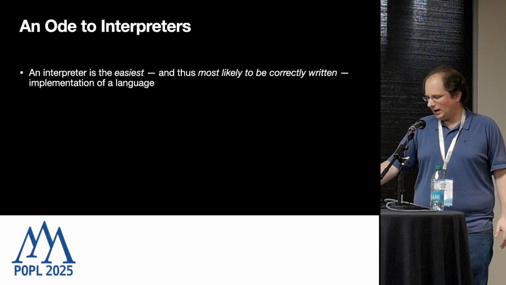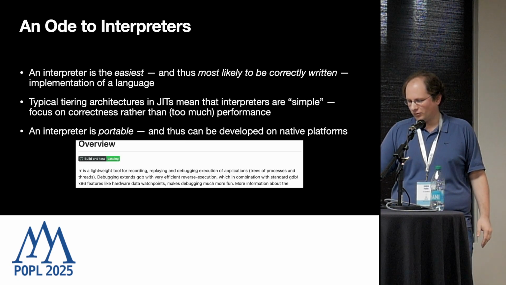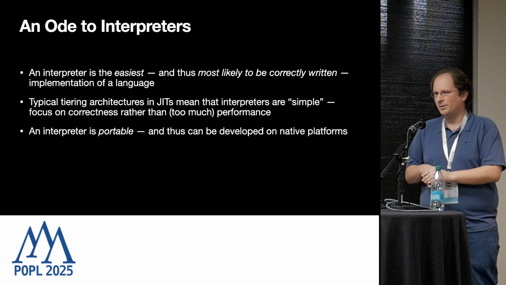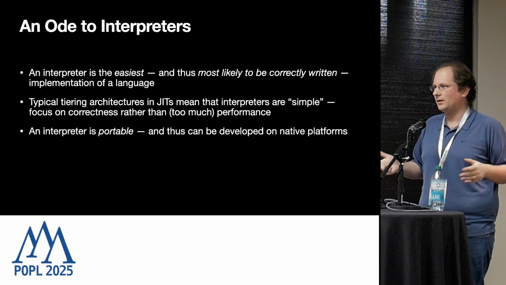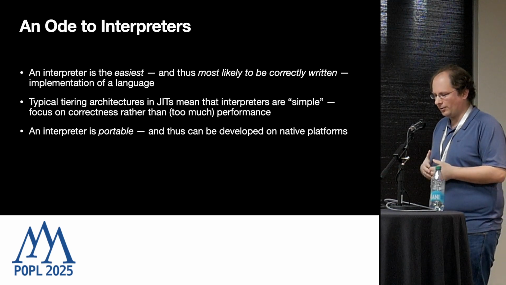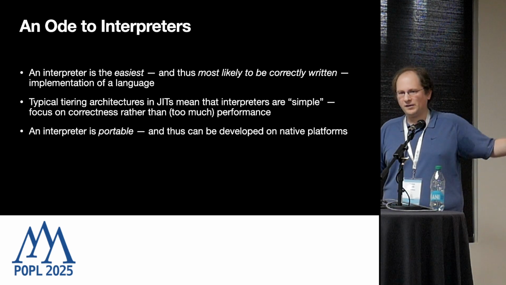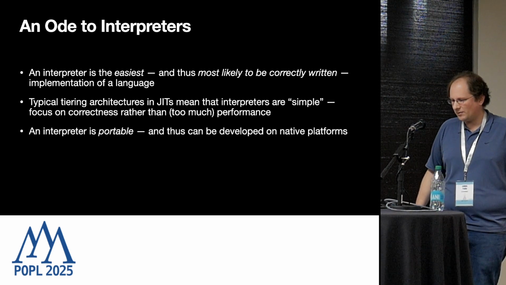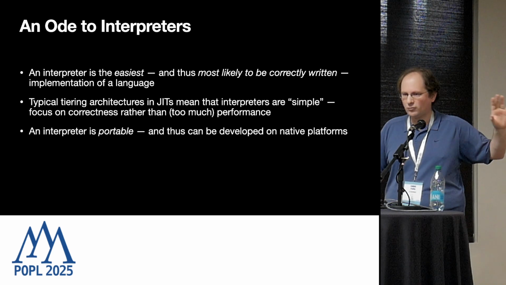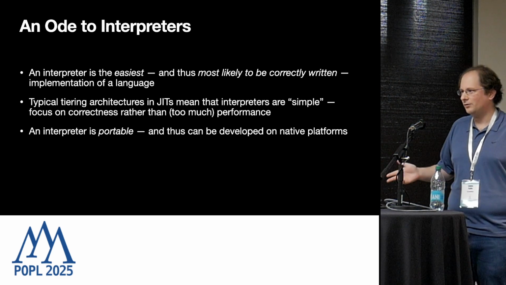And so the thing I want to say about interpreters is that they are really easy to write and really easy to get right as compared to JITs. This should be uncontroversial, I think. JITs are an order of magnitude more complicated. You're working indirectly rather than directly. The other nice thing about an interpreter is that it's portable. If I'm developing on Wasm, I have a much worse environment still today than I do on native.